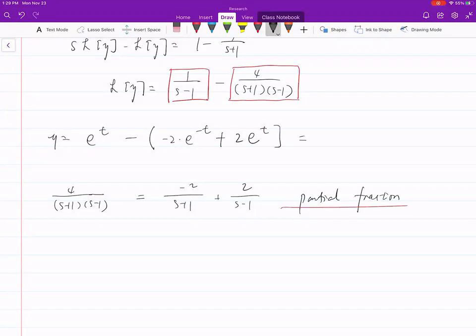Yes, okay. Which gives me negative e to the t plus 2 e to the negative t.